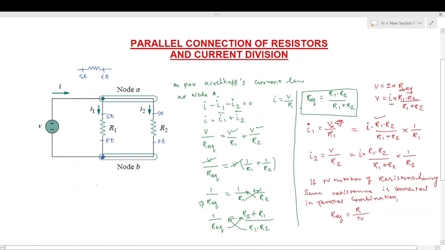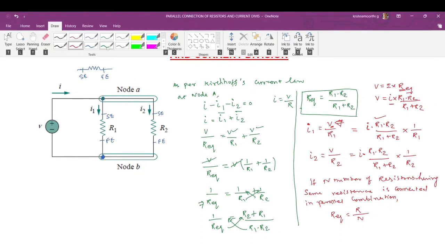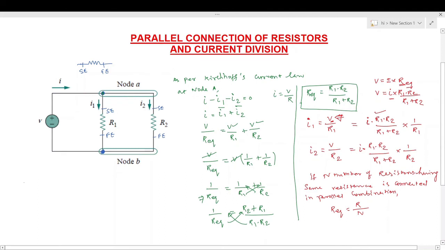Now we need to note some points for parallel combination. For parallel connection of resistors, we should note some of the points. Those points are: note the voltage across all resistors will be the same and current will vary.